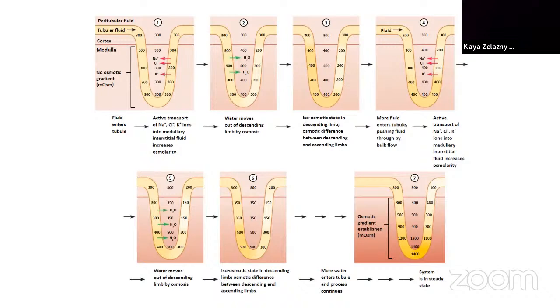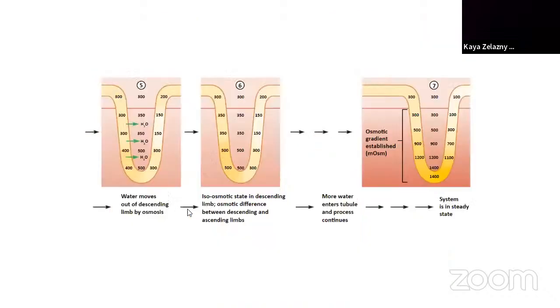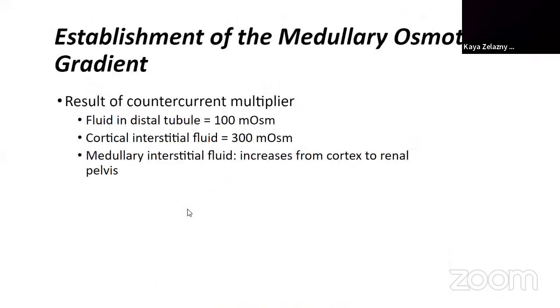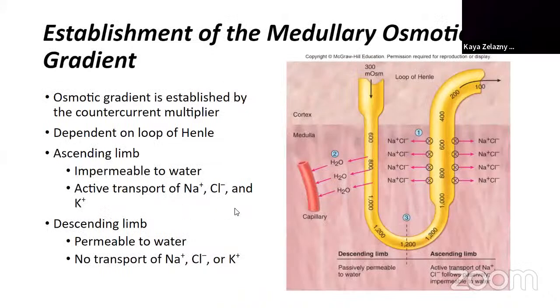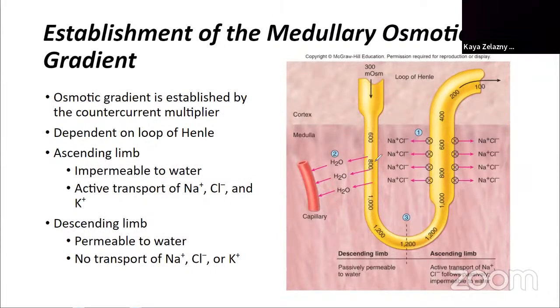What do you mean by the outside of the loop? Just in the earlier pictures, the arrows are pointing outside of the loop. Let me see. Like this one? Yeah. So it's going inside the loop and then outside of the loop. So what's happening overall is that we're moving out of the nephron, so out of the loop of Henle.